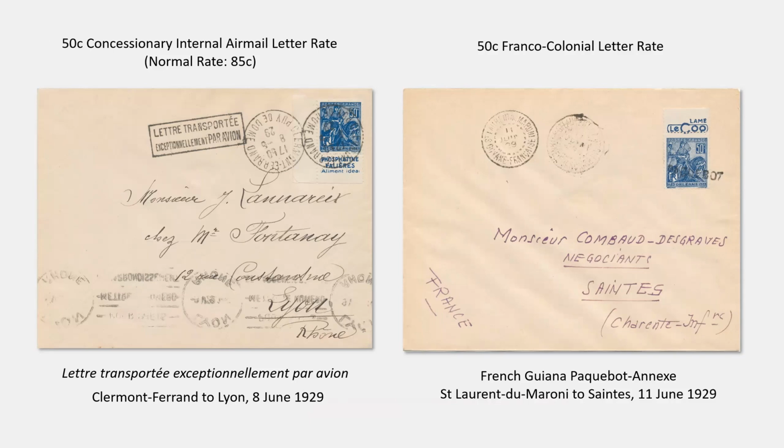But if the full capacity was not achieved with the fee-paying mail, the difference was made up by upgrading normal surface mail, and the cachet lettres transportées exceptionnellement par avion was applied to publicise the concession. So the recipient would get their letter earlier, and they were told why.